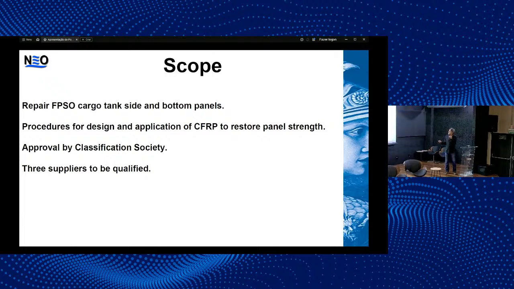And so this is mainly the scope of the project. We are focused on side and bottom panels, and to develop procedures for design and application to restore the panel strength. And we are working together with the classification society and testing 3 suppliers.